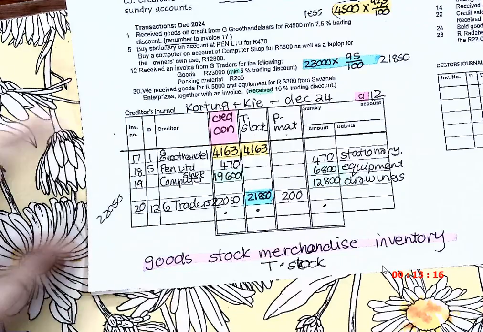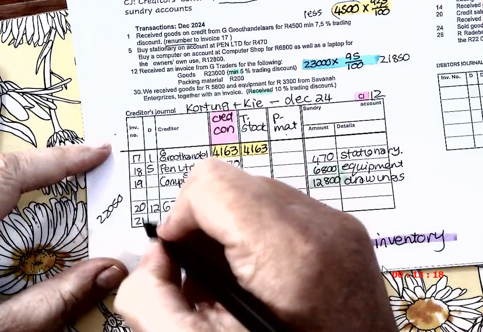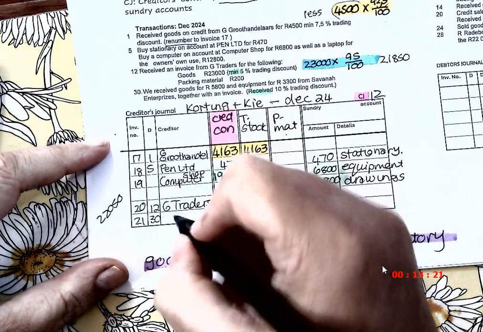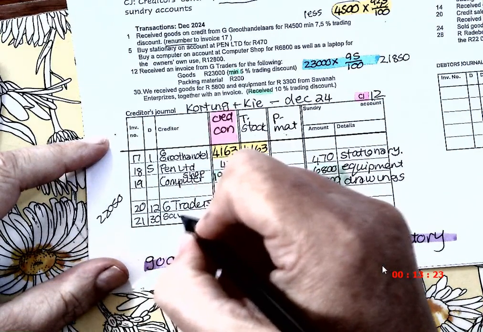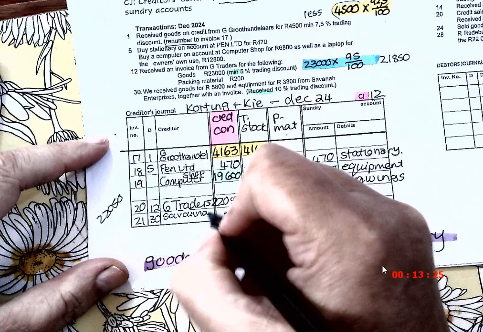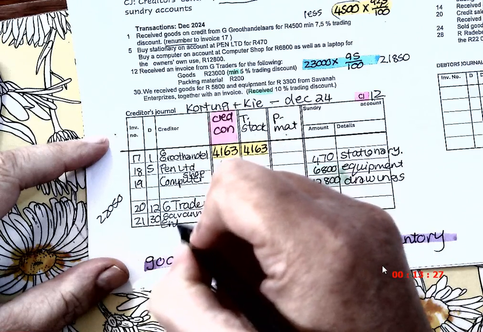So I'm going to say invoice 21, the 30th, Savannah Enterprise. People, stop talking.